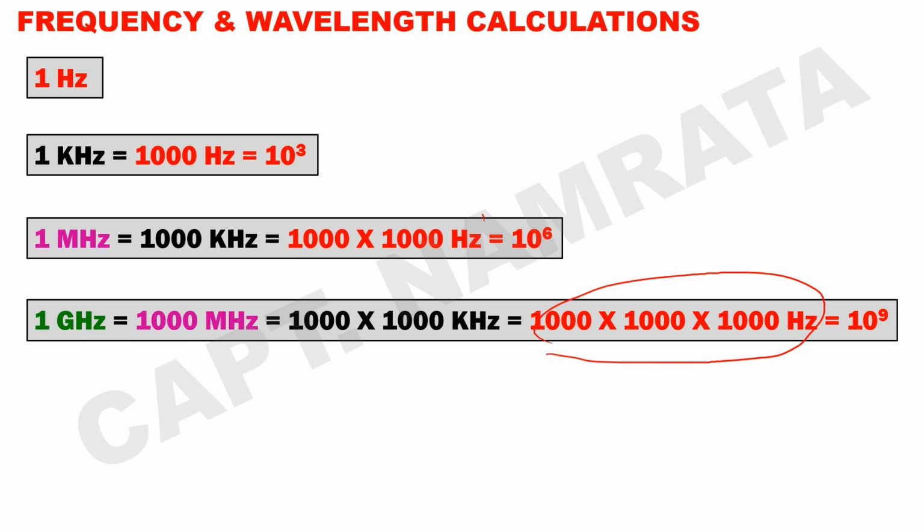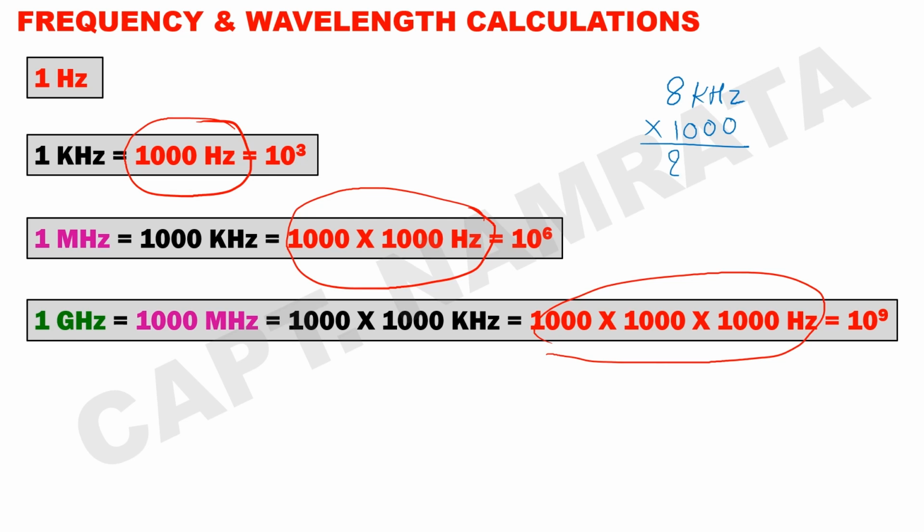All we need to remember is how these conversions should be applied. If I have, for example, 8 kilohertz, for conversion I will multiply it by 1000 and get 8000 hertz.